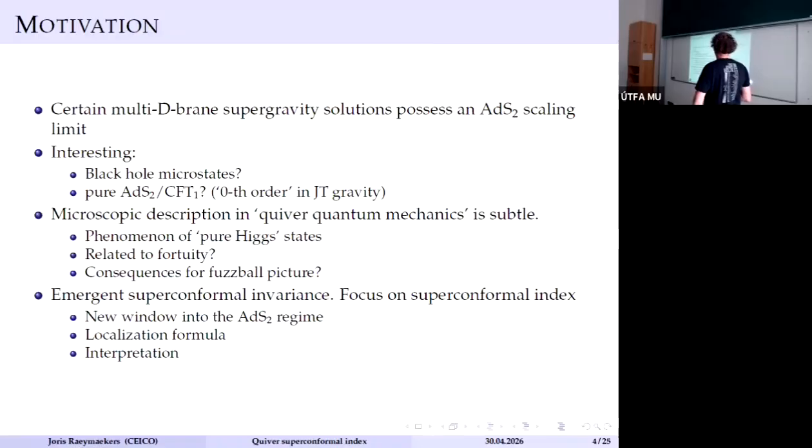They might be related to black hole microstates. They might give you a handle on AdS2/CFT1, where I mean really pure AdS2/CFT1, not like JT gravity's near-AdS2/CFT1. Here I'm really talking about the zeroth order in JT gravity, or in Ashoke's picture, the collection of states that you would say is dual to the AdS2 background.